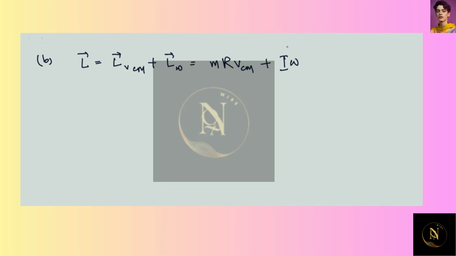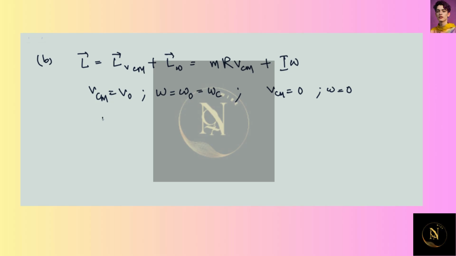Now the angular momentum is a constant. So we equate the angular momentum at the initial position, with v center of mass equal to v naught and omega equal to omega naught, to the final angular momentum, where the velocity of the center of mass is 0 and omega is 0 as well.